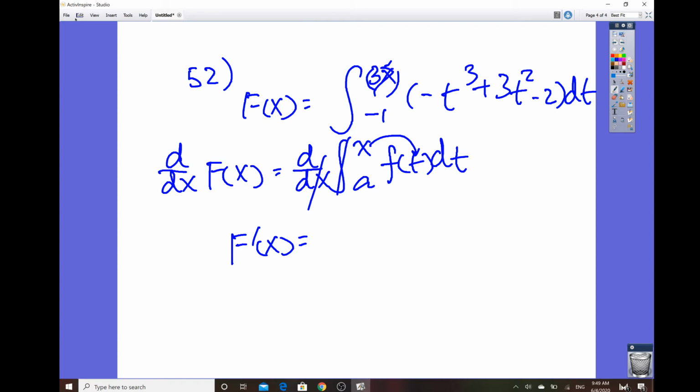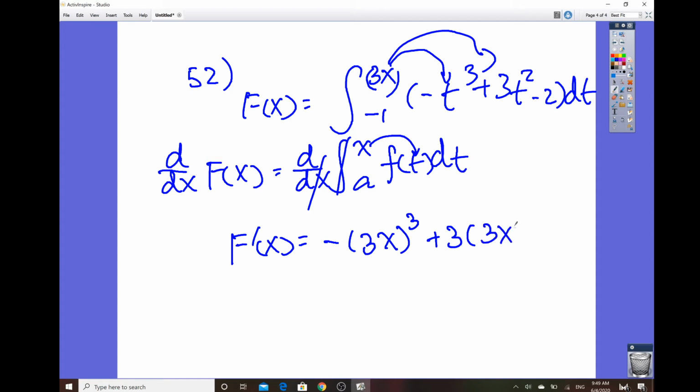Okay, so let me just do that. Substitute in for t here, and then for another t right here. So what we got is negative 3x quantity to the power of 3 plus 3 times 3x quantity squared minus 2.